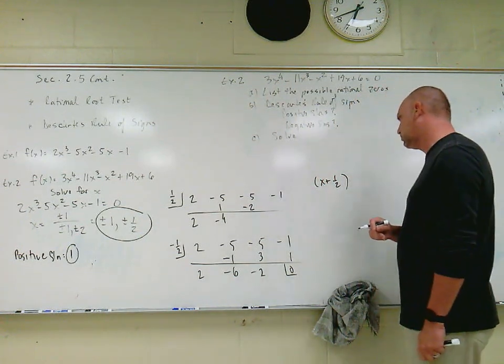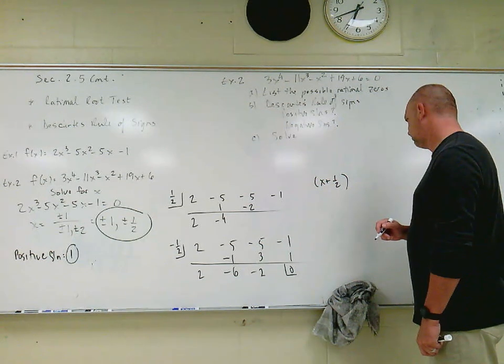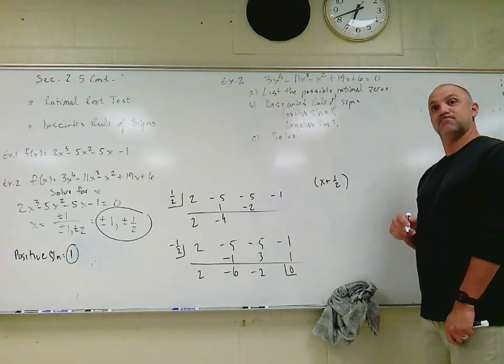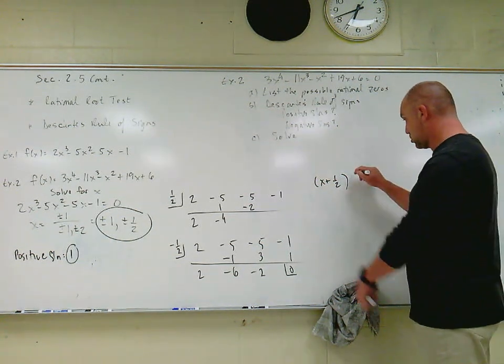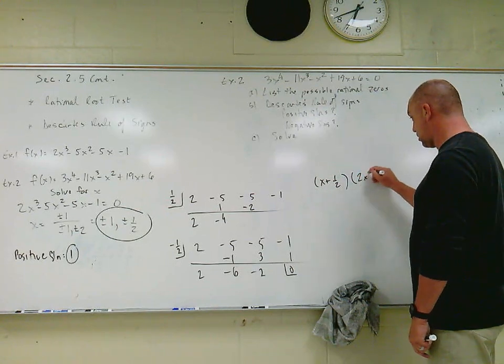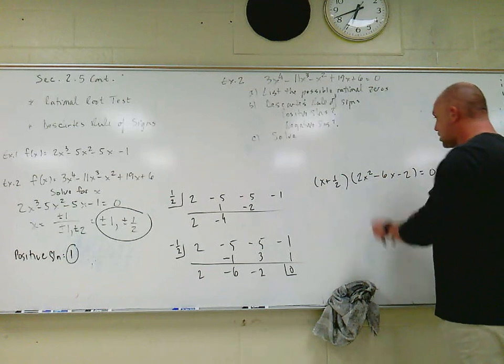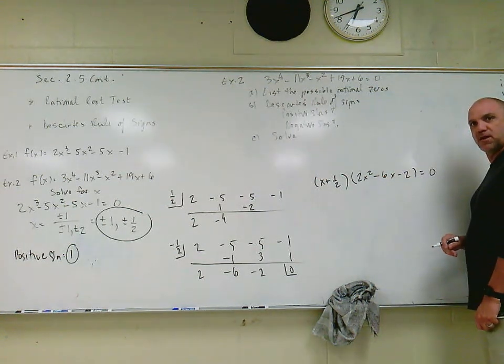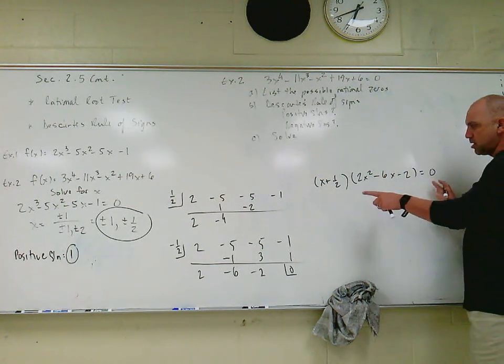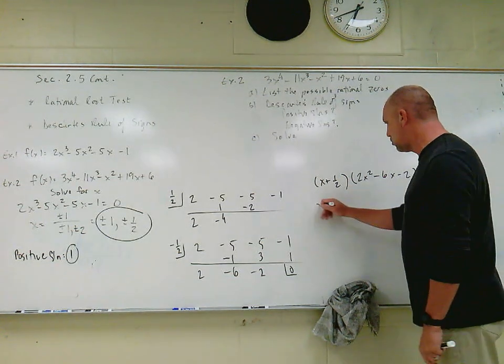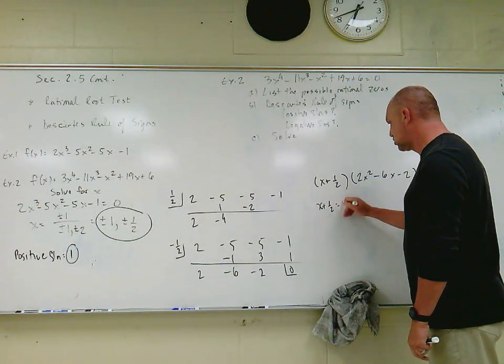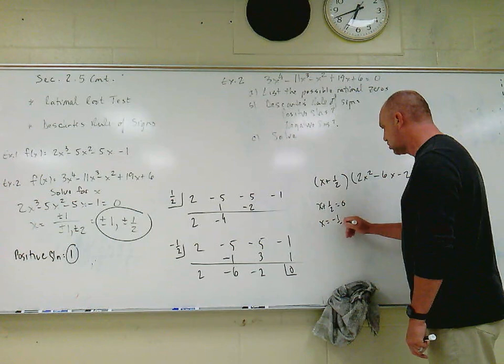What's your other factor? 2x squared minus 6x minus 2. Well, you can try to factor this, but this is not going to factor. So anytime you get down to a quadratic, now we know we can set each of these to 0, so we know our -1/2 is a solution.